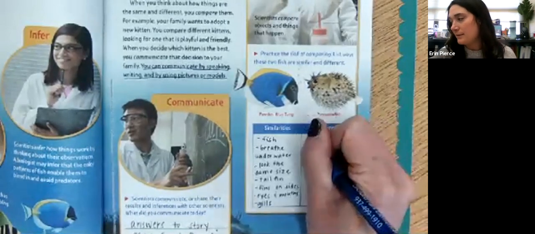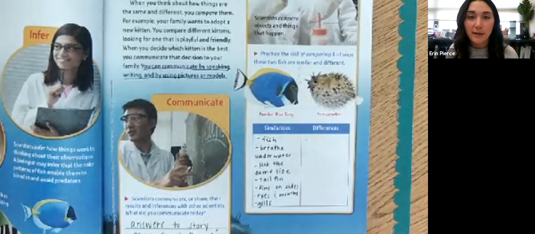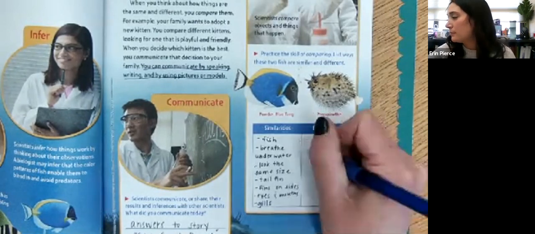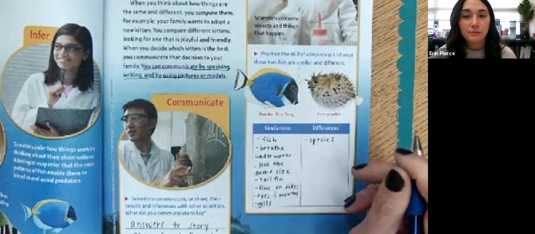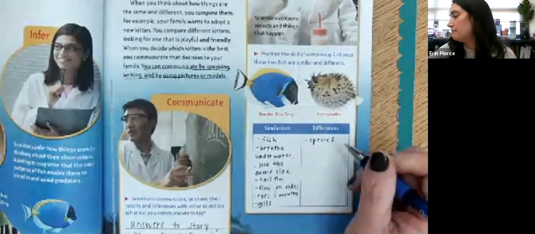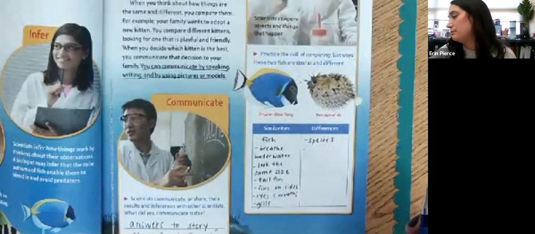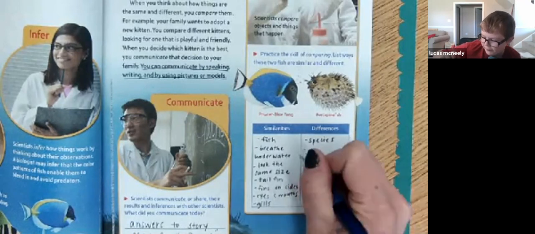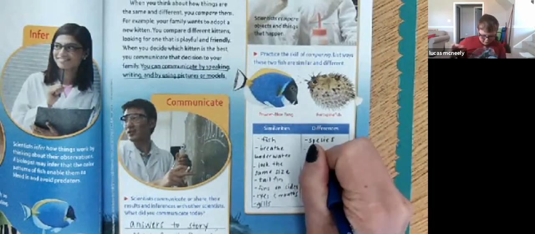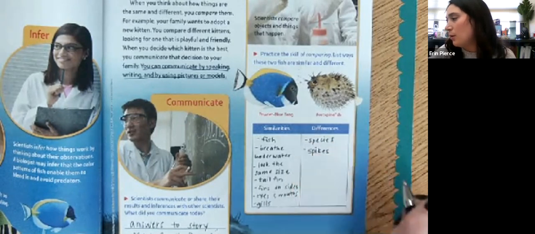What differences do you see? What differences, Owen? They're different species of fish. I like that. What else? Lucas. The puffer fish is spiky and the powder blue tang is not. Okay. Spikes on the one fish.